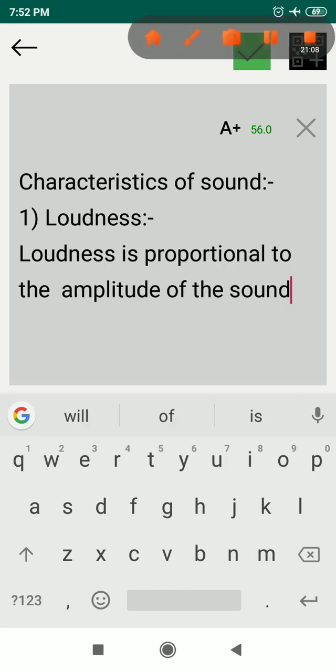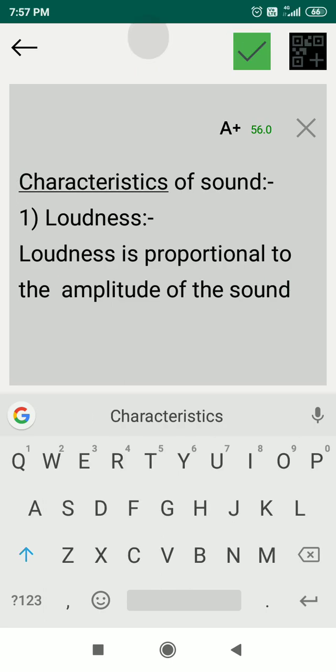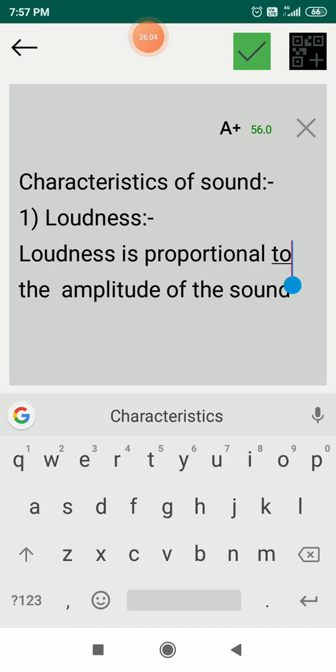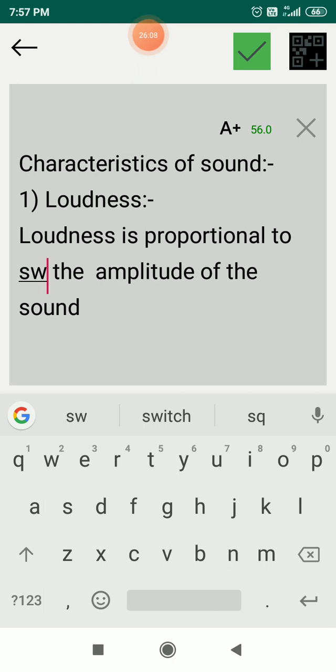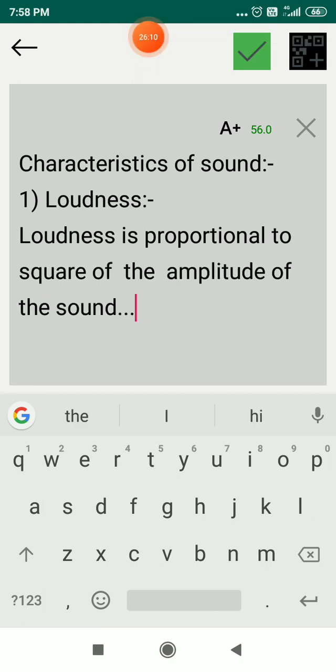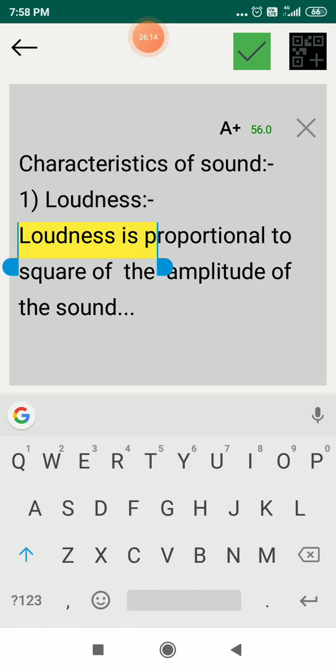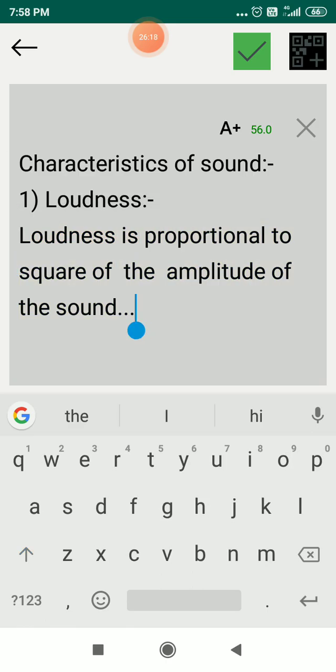That means, if we write properly, loudness is proportional to the square of the amplitude of the sound.